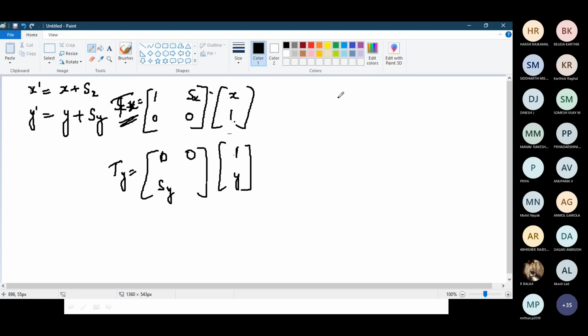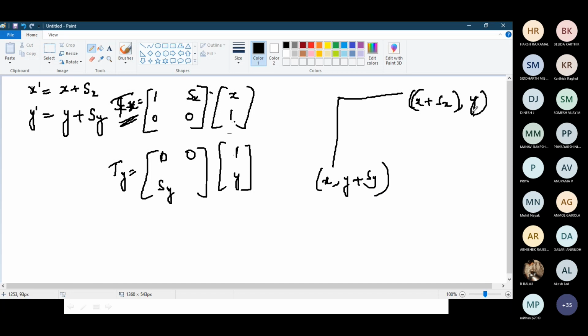So the translation will either be in the x direction or in the y direction. When this is happening, it will become x plus sx and y plus sy, and y will remain the same here. Similarly, here x remains the same. This is about the translation matrix.